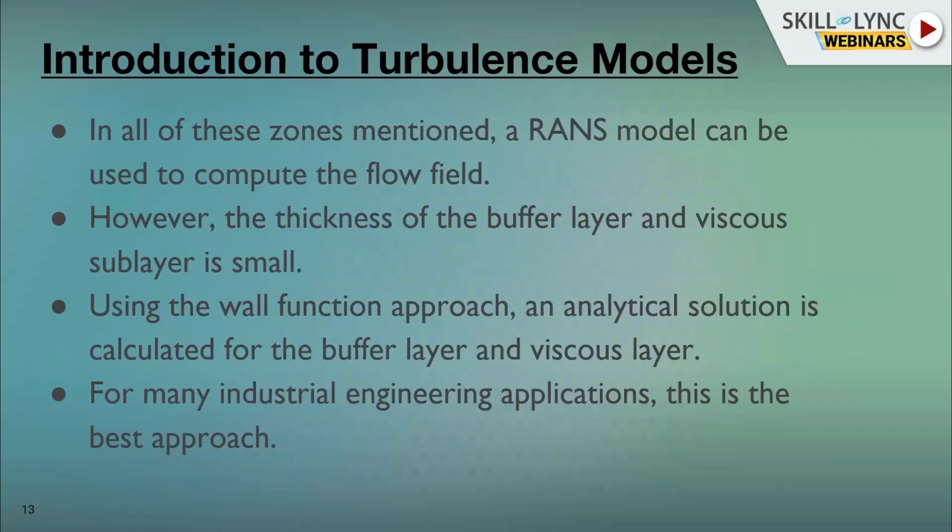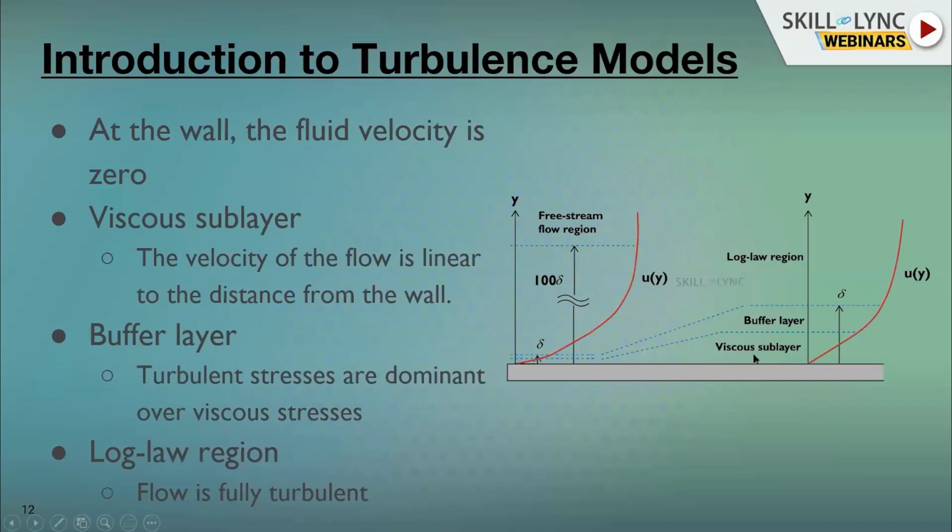Why? Because if you see here, the viscous layer and buffer layer are small regions near the wall, which in most cases are not resolved using a computational mesh. So these two regions are resolved using a wall function approach.